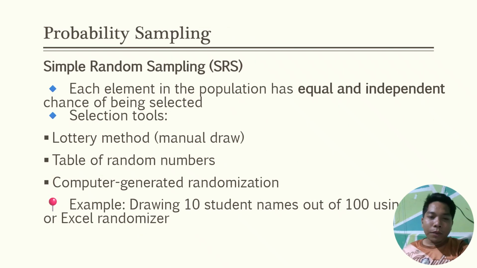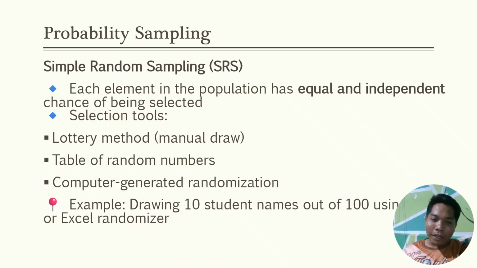Let's talk about the different types of probability sampling. We have first SRS, or simple random sampling. In this method, each element in the population has equal and independent chances of being selected.